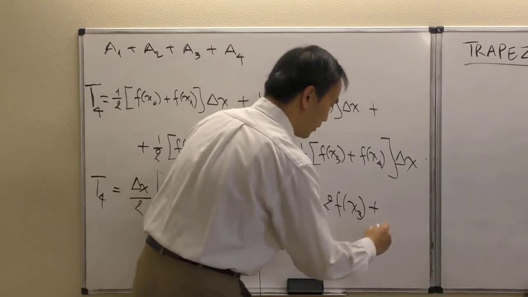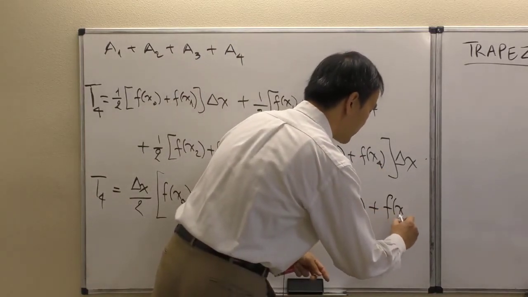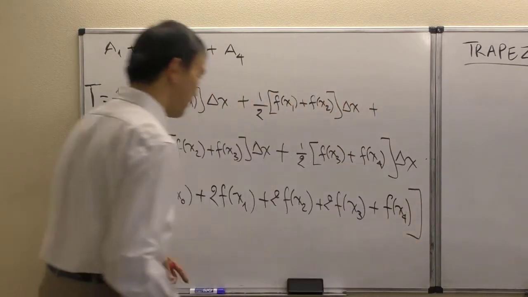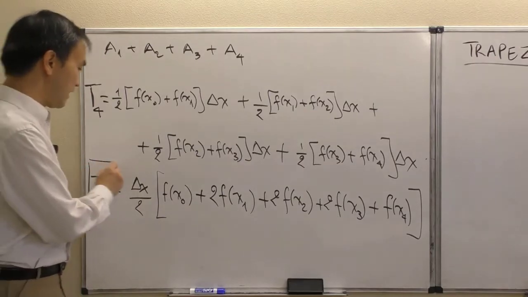But when we reach f of x4, the last one of our interval, that's back down to 1 time.